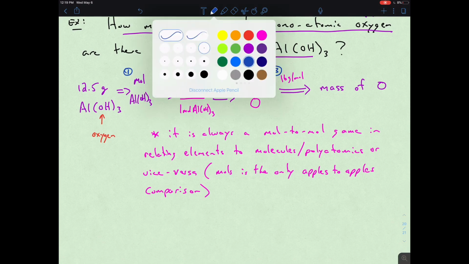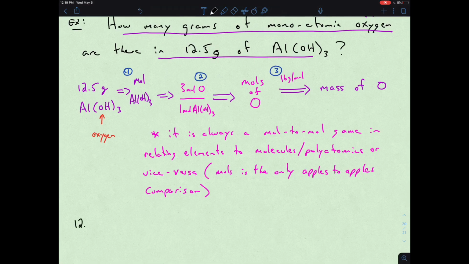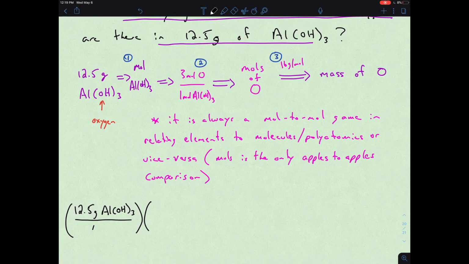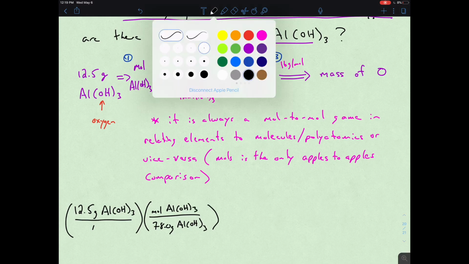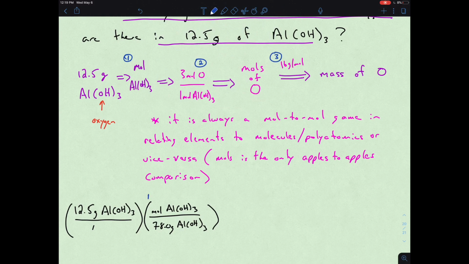So if we start, right, we would have to calculate the molecular molar mass of the aluminum hydroxide. And so this is the first conversion.